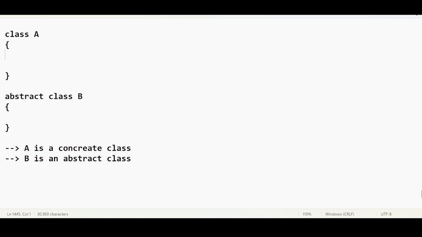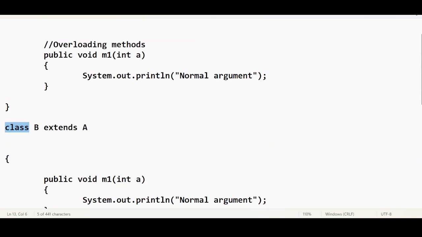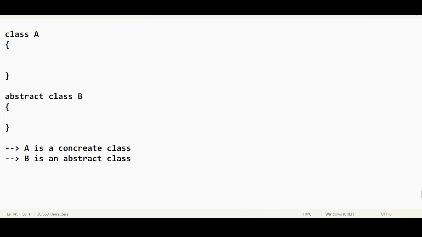A class without the abstract keyword. If you include the abstract keyword, you are saying that it's an abstract class. So far all our programs are designed on top of concrete classes. Today we are going to understand abstract classes. The moment you use the abstract keyword, it becomes an abstract class. I hope you are understanding this kind of differentiation.